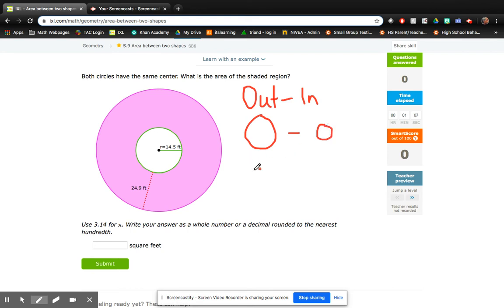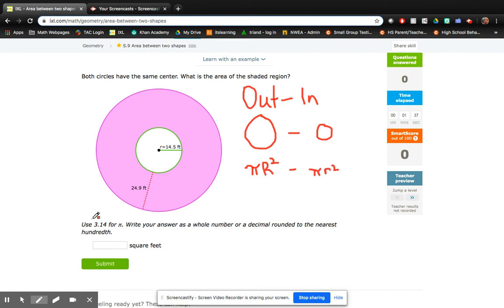And in the previous topic 1, we talked about how you find the area of a circle. It's just pi times radius squared. Now, because I'm going to be talking about two different radiuses, or radii, I'm going to say the radius of my outside circle is a capital R. And the radius of my little circle or inside circle, we're just going to use a lowercase r.